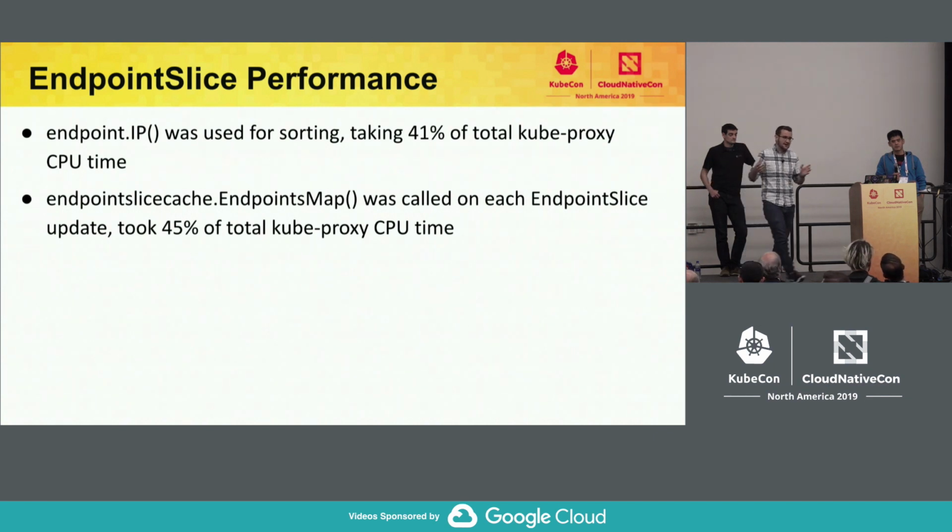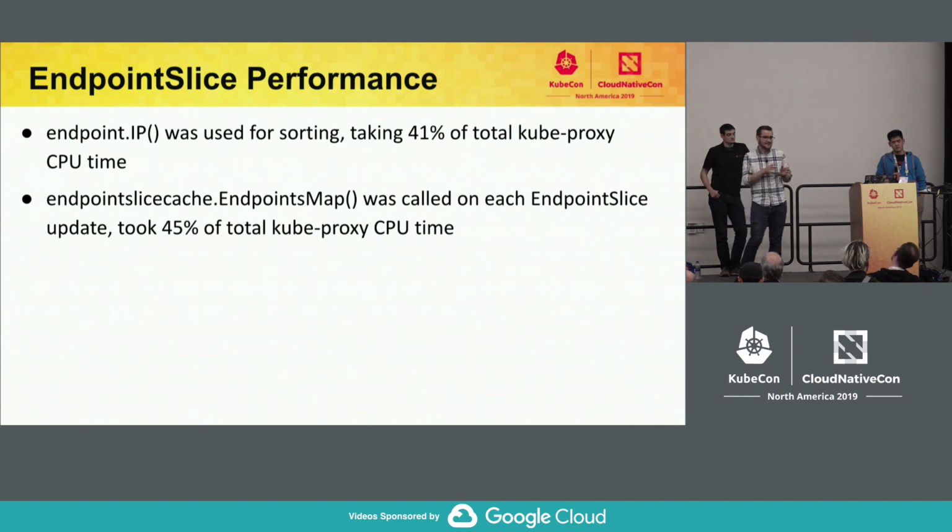That's about how endpoints worked before, which is fine. But it's a lot more complicated to merge a whole bunch of endpoint slices together and then transform them into an endpoints map. So this really didn't need to happen on every single endpoint slice update.